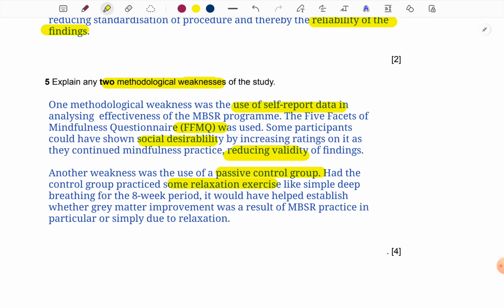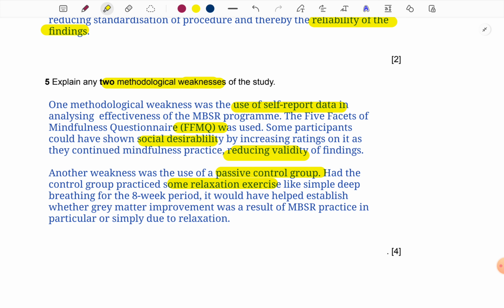Of course, that will not improve brain areas, but just doing any exercise would help a person feel better. Like on the FFMQ, firstly it would reflect that they are feeling that they have become more observant or more non-judgmental, not specifically or particularly MBSR.